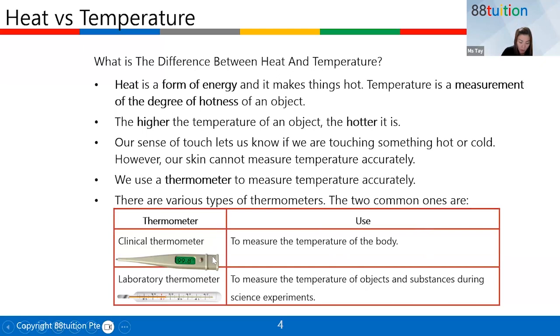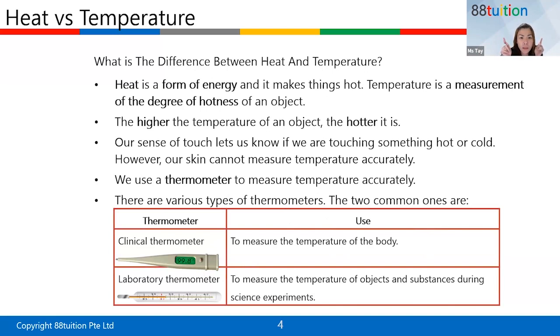But for temperature, you are very familiar with two types of thermometer. Have you used the thermometer in the science lab? Anyone? In your science lab, is the thermometer this short or is the thermometer way longer?